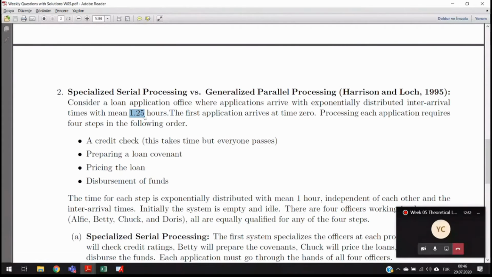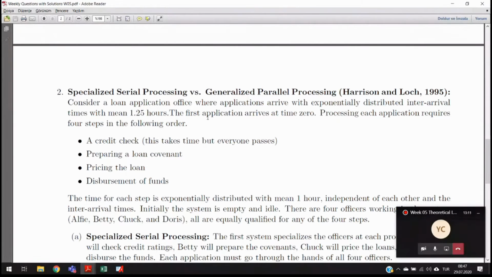However, in ARENA, when you are introducing the inter-arrival time distribution, you do not write the rate parameter. Instead, you write the average inter-arrival time for the exponential distribution. Please do not forget about this. We simply use the average inter-arrival time for the exponential distribution.